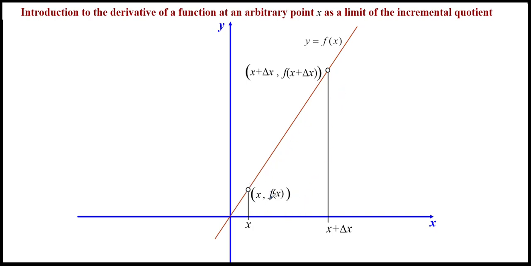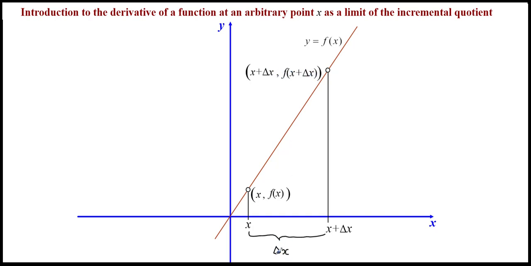So if we're given 2 points, x, f(x), where f(x) is the value of the function at a given point x, to move from this point x to the next point, we need to cover the space between the 2 points, which we label as the change in x, or the increment of the variable x, so that this point is x plus the increment. For that, we can evaluate the function and get another point on the straight line: x plus delta x, f(x plus delta x).